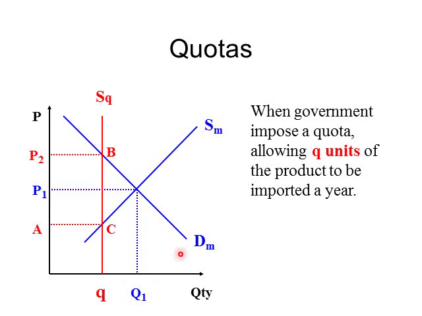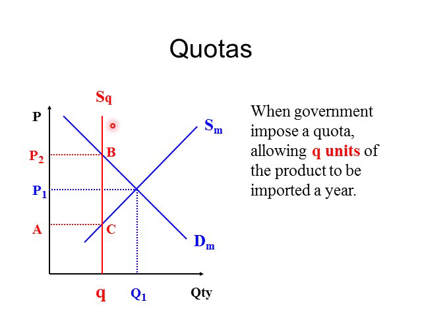So a quota is imposed at quantity Q. The original supply curve no longer exists. What is happening now is the supply curve has become a vertical line at Q, because this is the amount of imported goods that the government is allowing to come into the market.